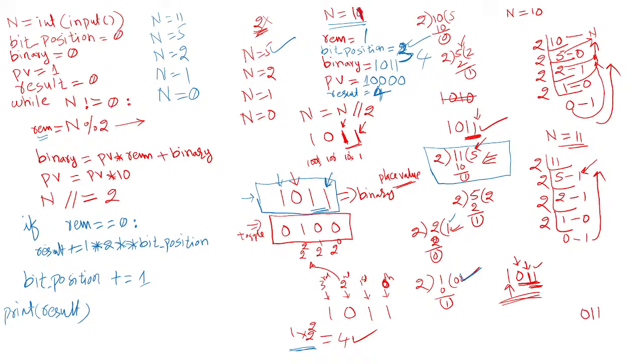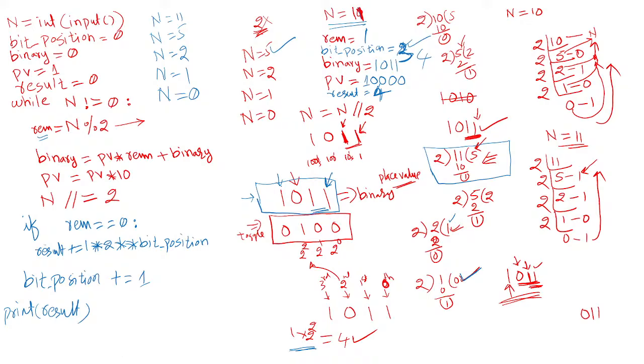So this way you can convert the mathematics into programming instructions. Now you can work for other numbers also. It works fine. So let us quickly type the code and let us execute the code.